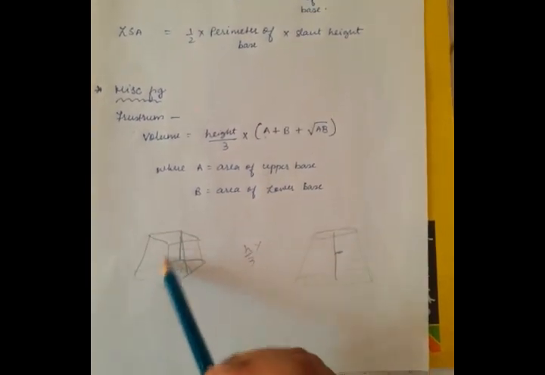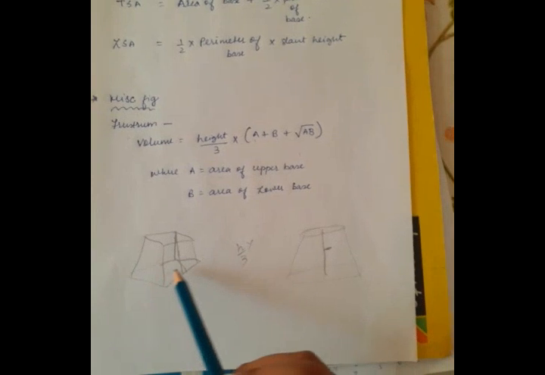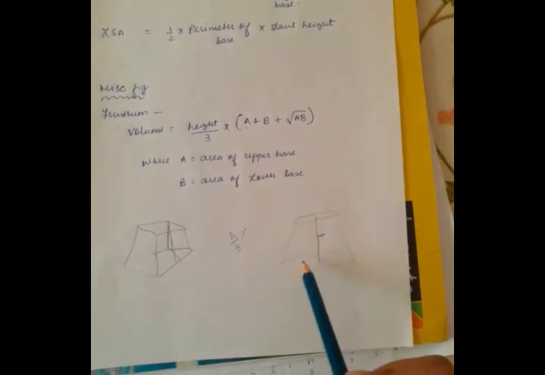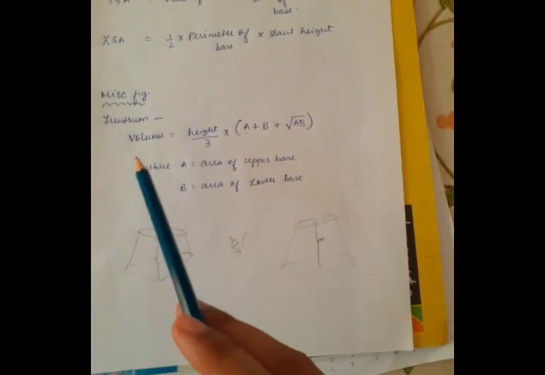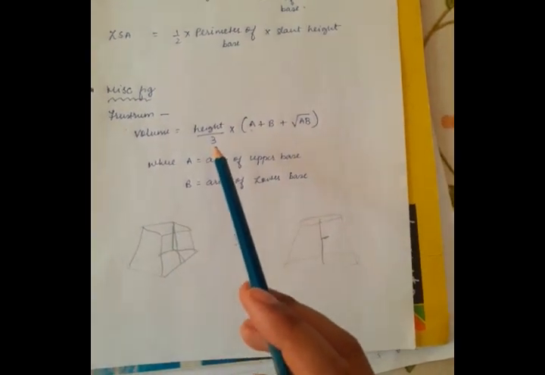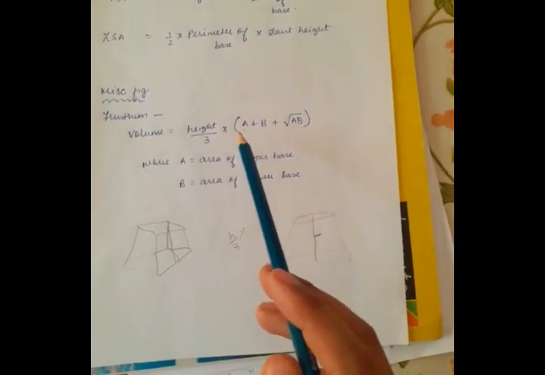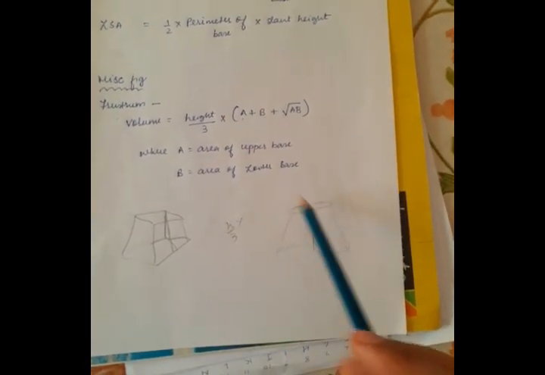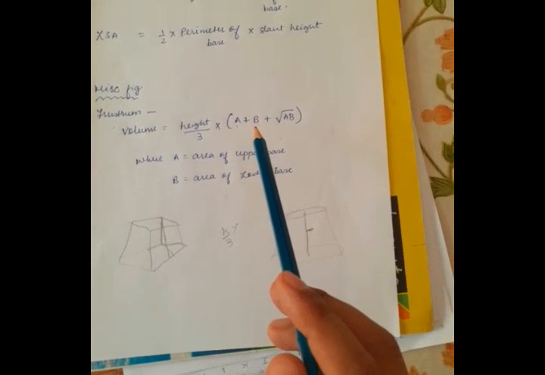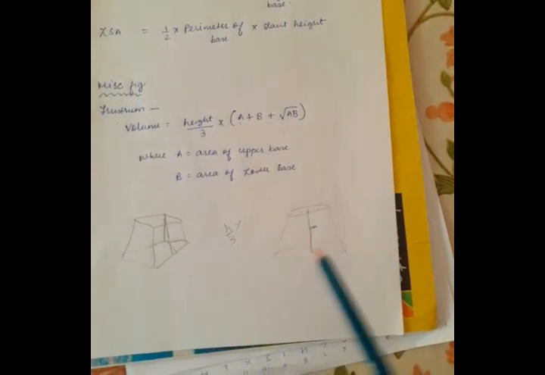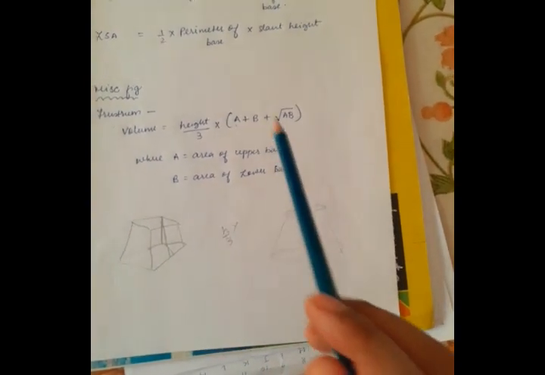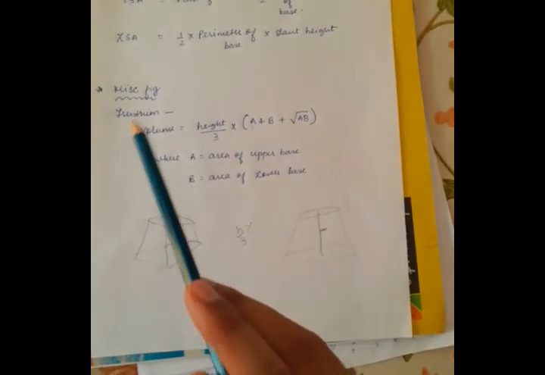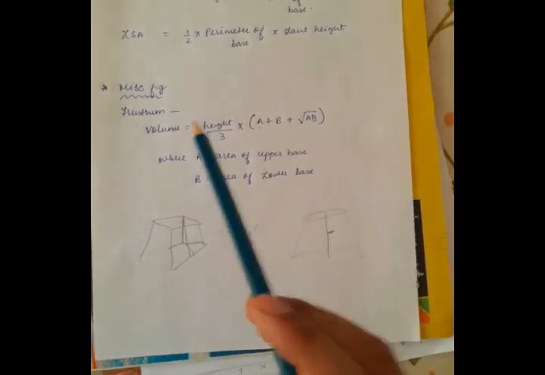It could be either of two squares or rectangles like this, or two circles. Always remember the first term, the volume will be height by 3 into a, the area of the upper base, whether it is circle or square or rectangle, plus the area of the lower base, that is b, and root over of the product of the areas of the upper base and lower base. This will give the volume of frustum.